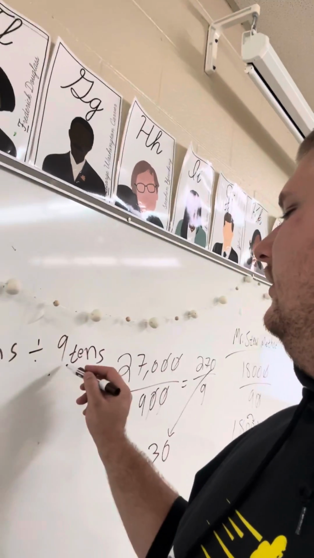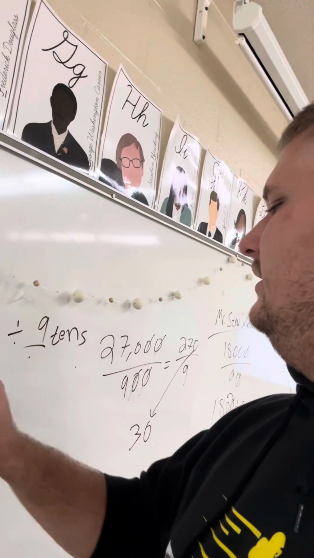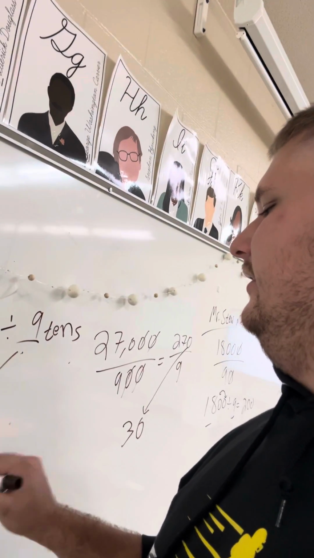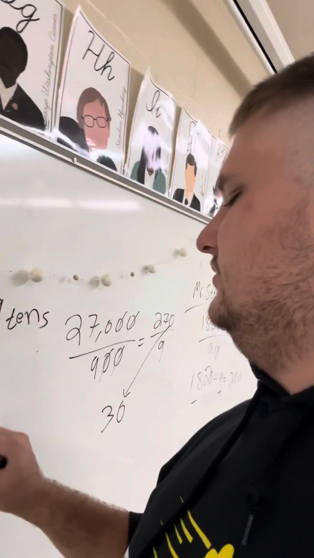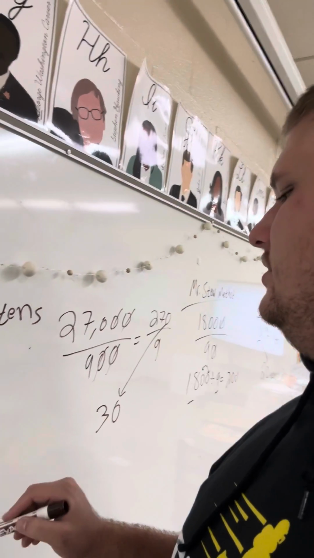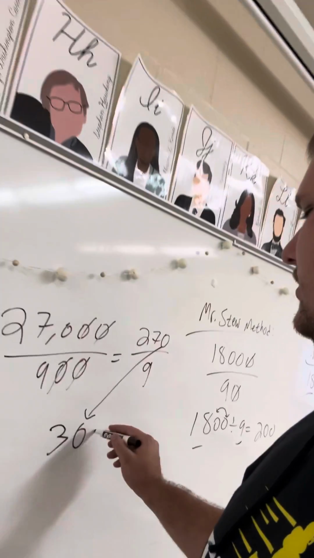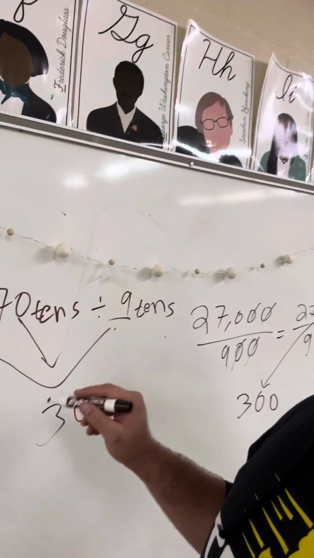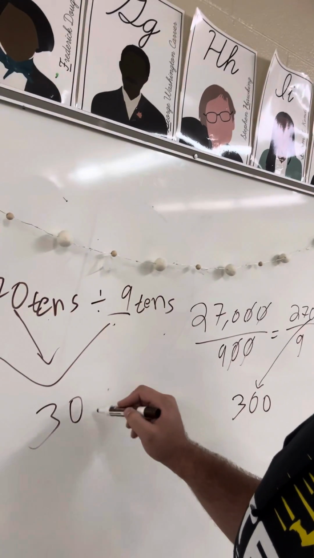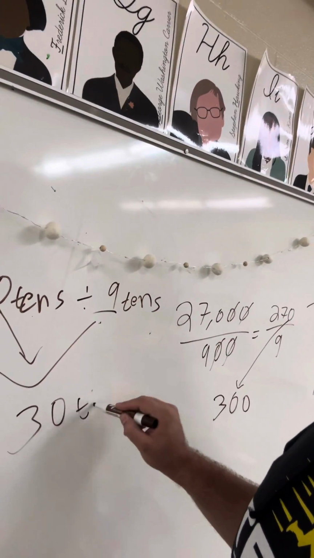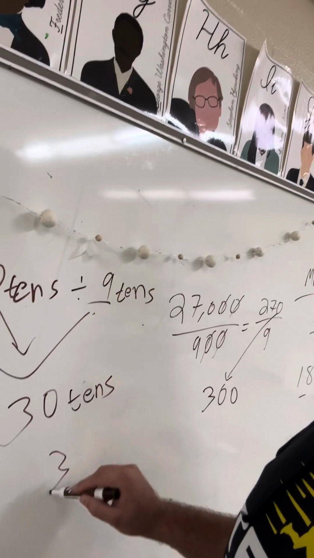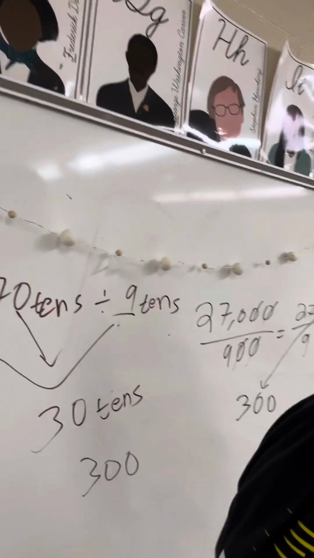So we know that 27 divided by 9 is 3. Add the extra zeros; my apologies, this is 300. We have 300 tens. So we know that there were 300 passengers on each flight.